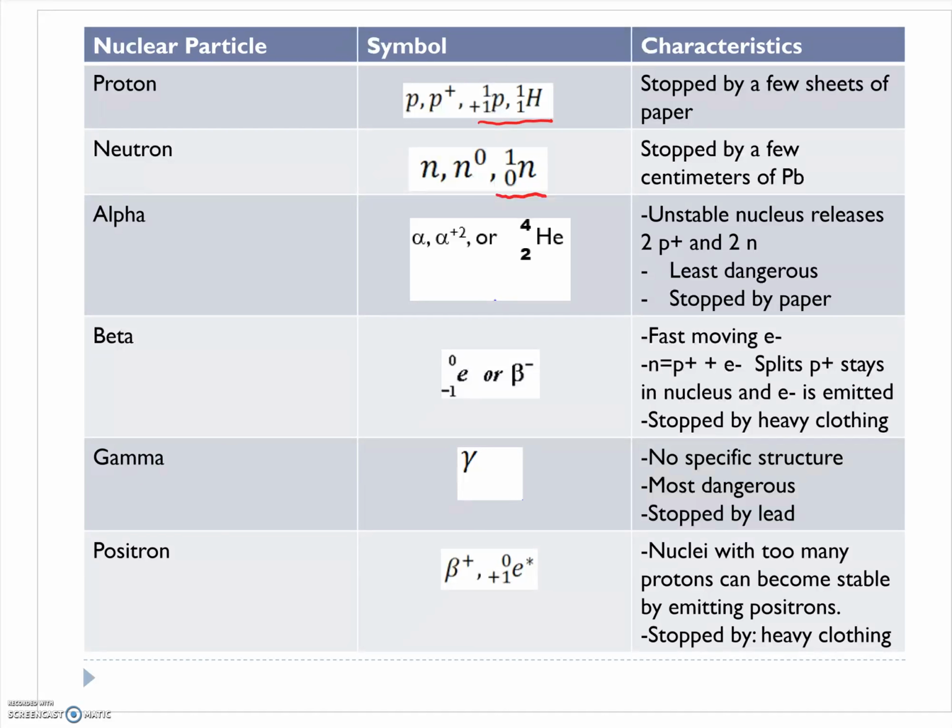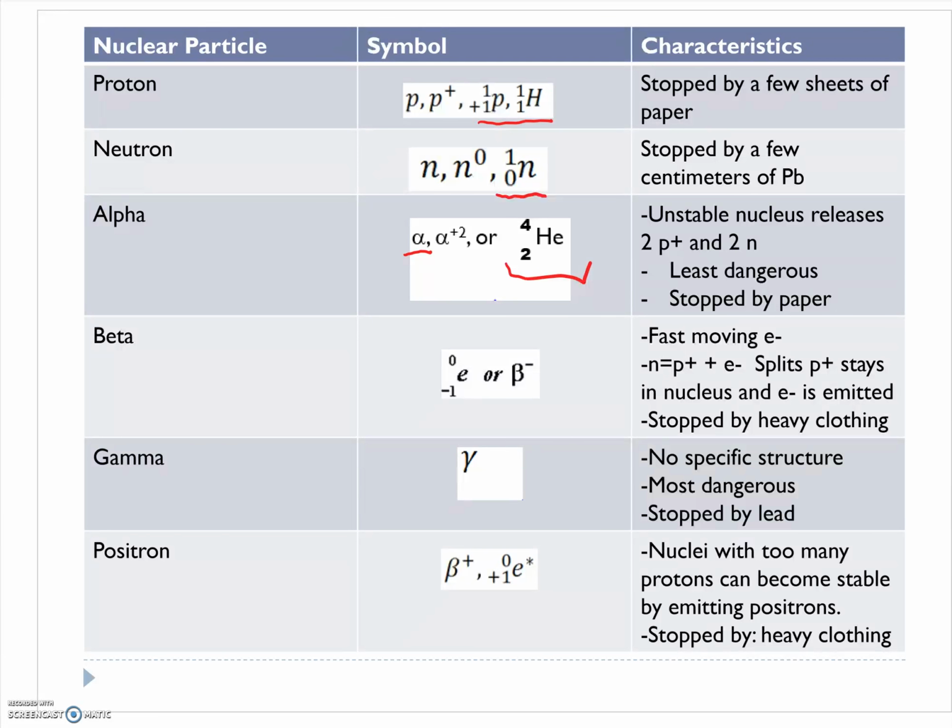An alpha particle, the most common symbol that we use is the alpha symbol, the Greek letter, and the alpha looks just like a helium. And what happens is the unstable nucleus releases 2 protons and 2 neutrons. These are least dangerous, and they are stopped by paper once again.